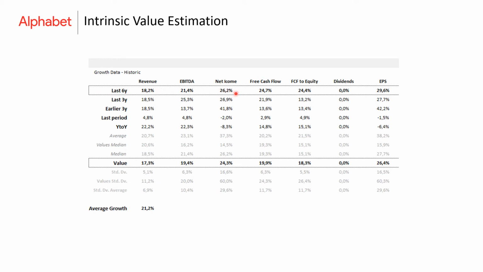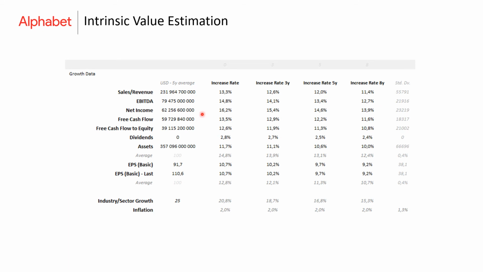The net income 26.2, free cash flow around 25. And based on these values, last 3 years, earlier 3 years, and so on, I estimate that revenue should grow at 17.3%, and same thing for net income, free cash flow, and so on.